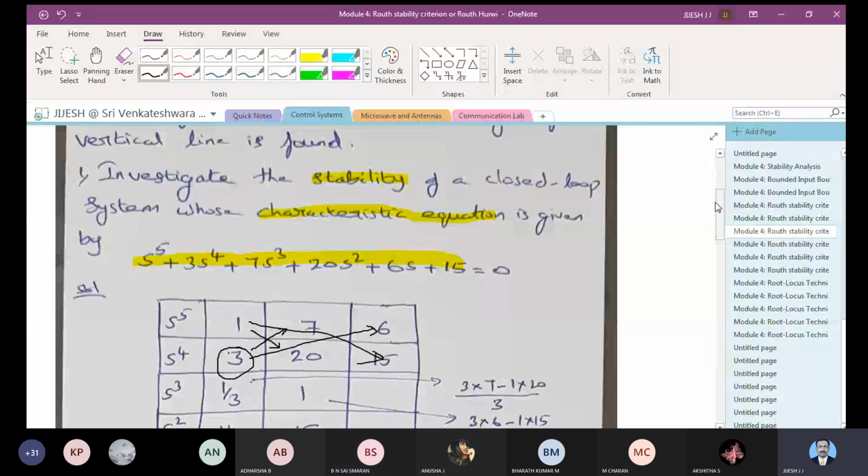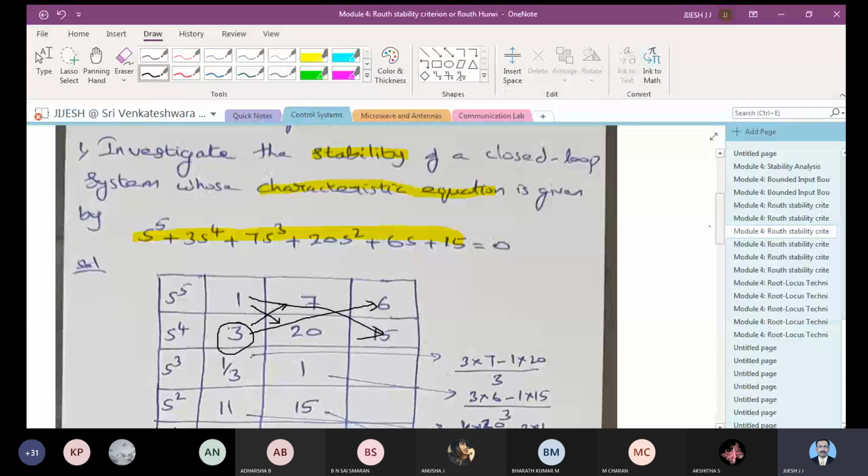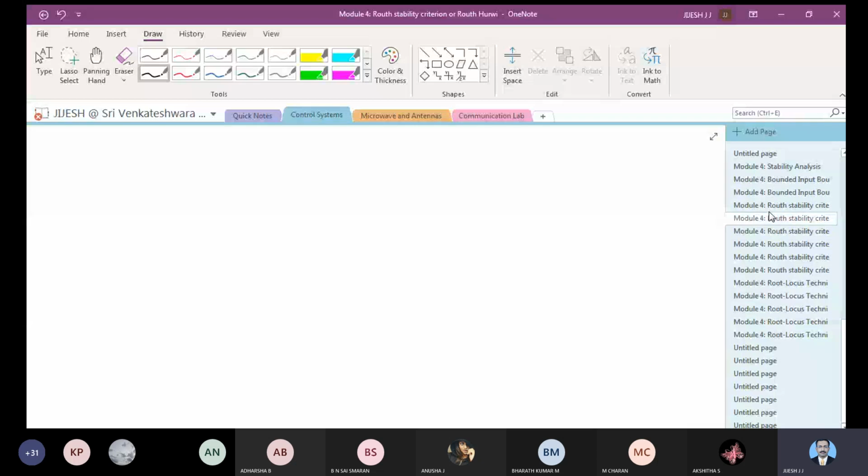So since it is the first problem, I have written here how these coefficients, how these values have been arrived at. As we have studied in the previous class, this is what all the logic is. It's a very easy thing for you to understand. All these things is what you are going to get.